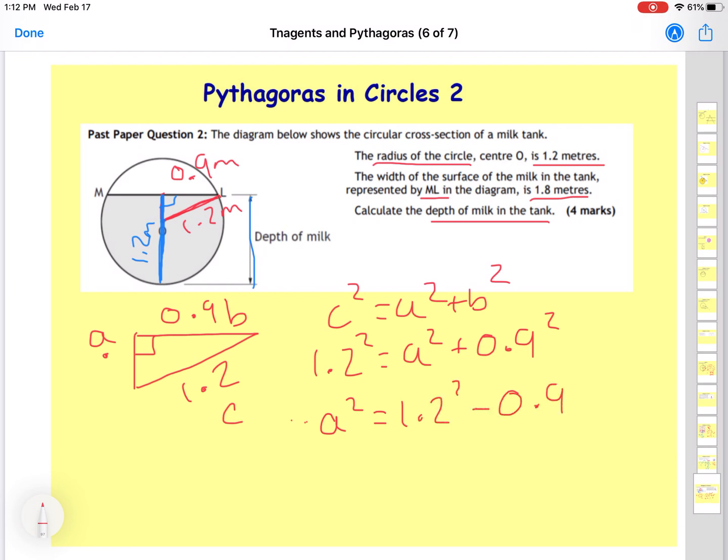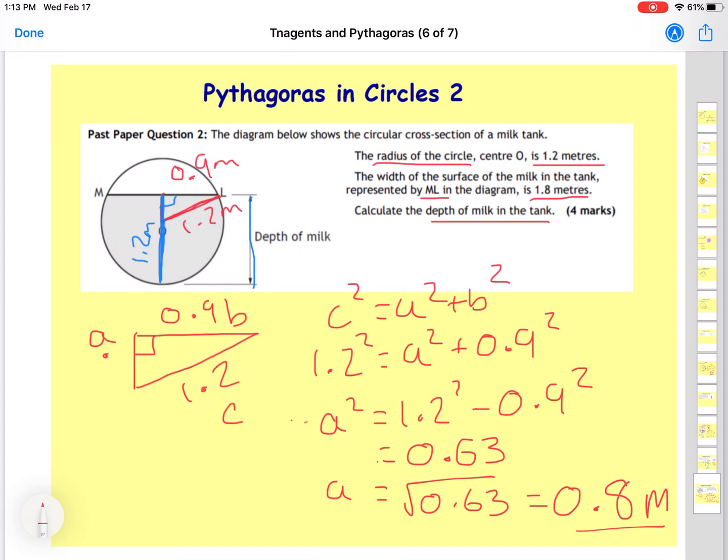So we've got to take away 0.9 squared from the 1.2 squared. And we're left with 0.63. Now, again, A is then the square root of 0.63. So A, or the smaller part of that triangle there, is square root 0.63. Gives me, we'll take it to one decimal place, so 0.8 metres to one decimal place.